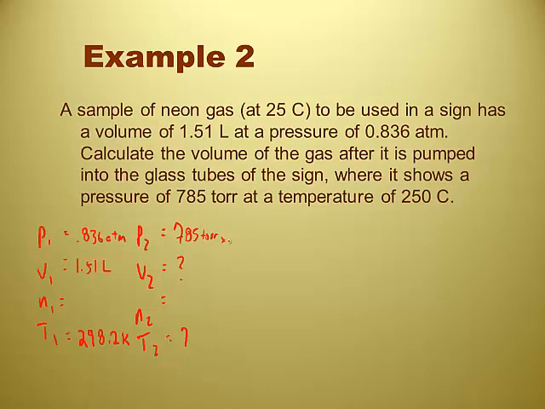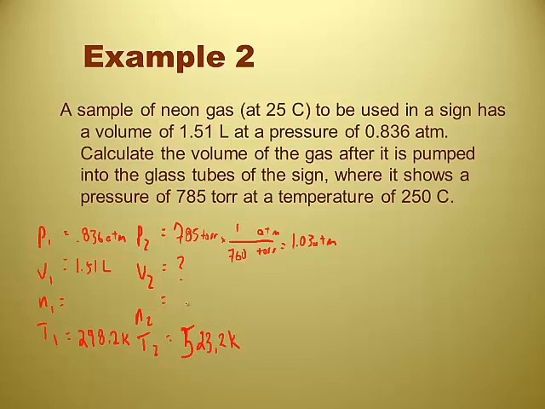So 785 torr is 1.03 atmospheres. I showed my dimensional analysis there. Thank you. Temperature at 250 plus 273, that's 523.2 Kelvin.